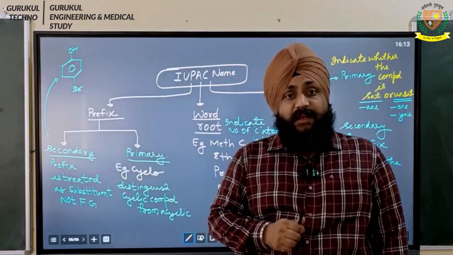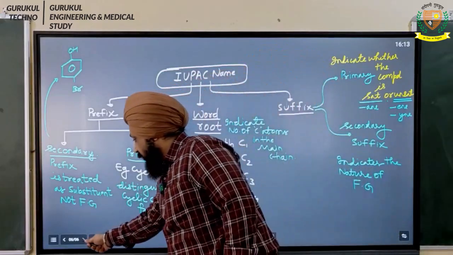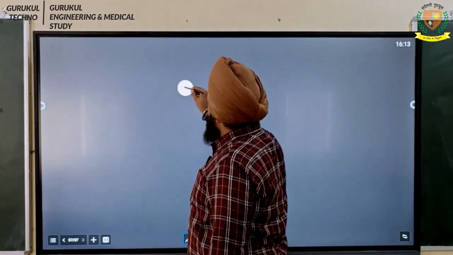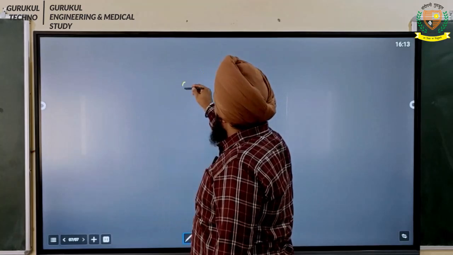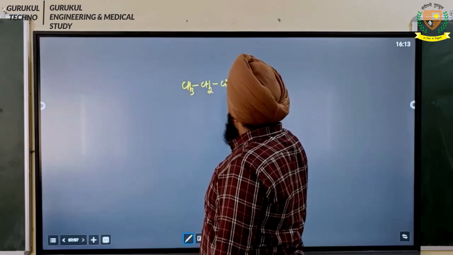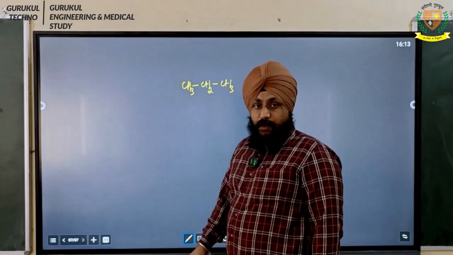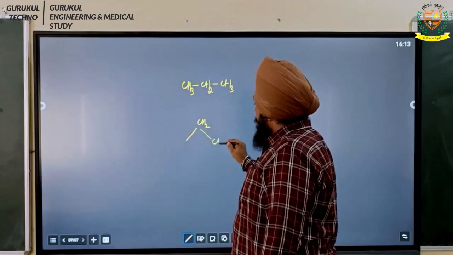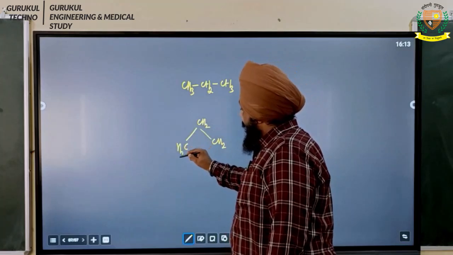उसमें हम क्या यूज करते हैं? cyclo. See students, suppose I take an example over here like this. There is going to be CH3, here there is going to be CH2 and here there is CH3. And same 3 carbon atoms, when I'm putting them in cyclic form, it will be like this.